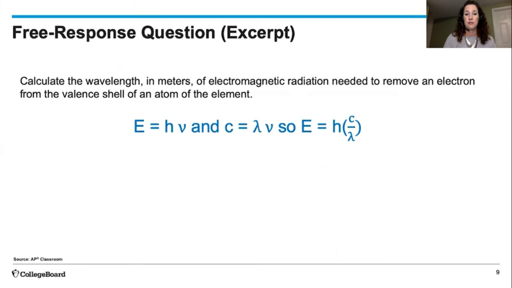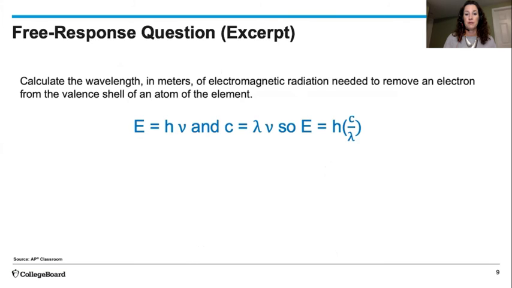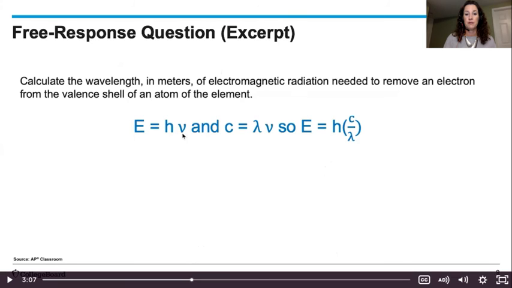If you do not want to rearrange an equation like that, you can solve for frequency using the energy equation, and then plug it into this equation to find wavelength. You could do it in 2 steps, or you can rearrange the equation and just use one.